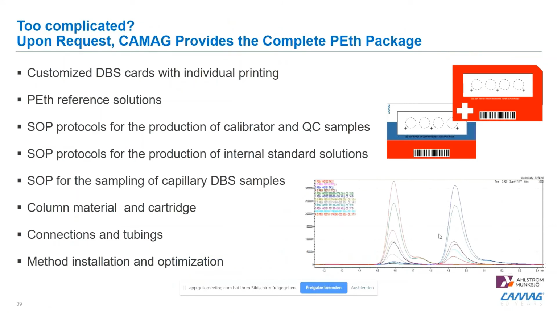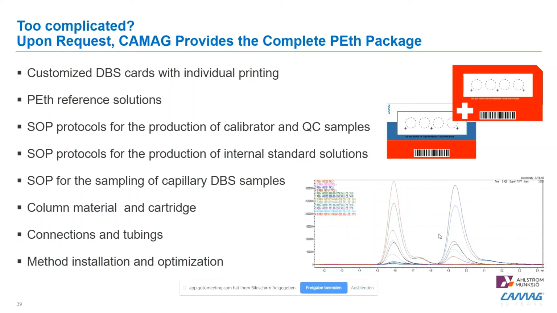With this, I'm almost at the end of this webinar. If all of this PEth stuff was too complicated for you, upon request, CAMAG decided to provide the complete PEth package. This means that we can provide customized DBS cards with individual printing in collaboration with our partner Ostrom.